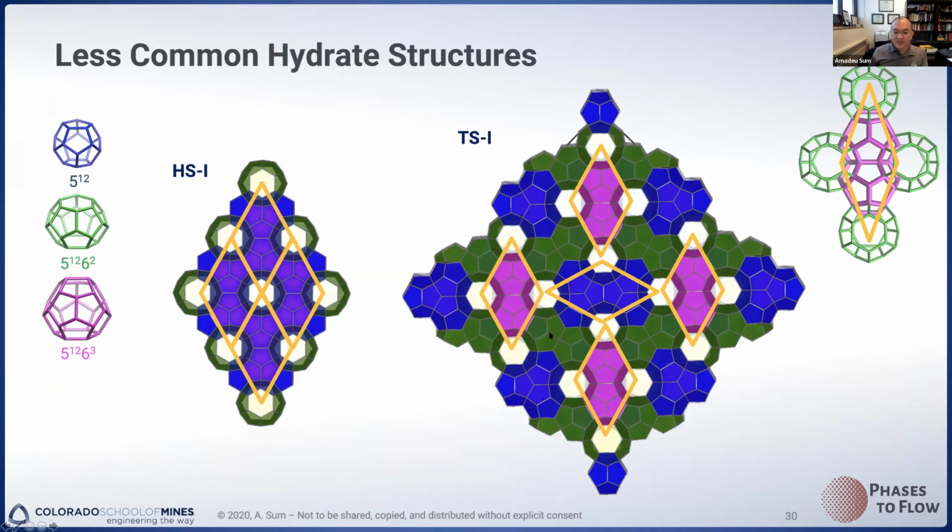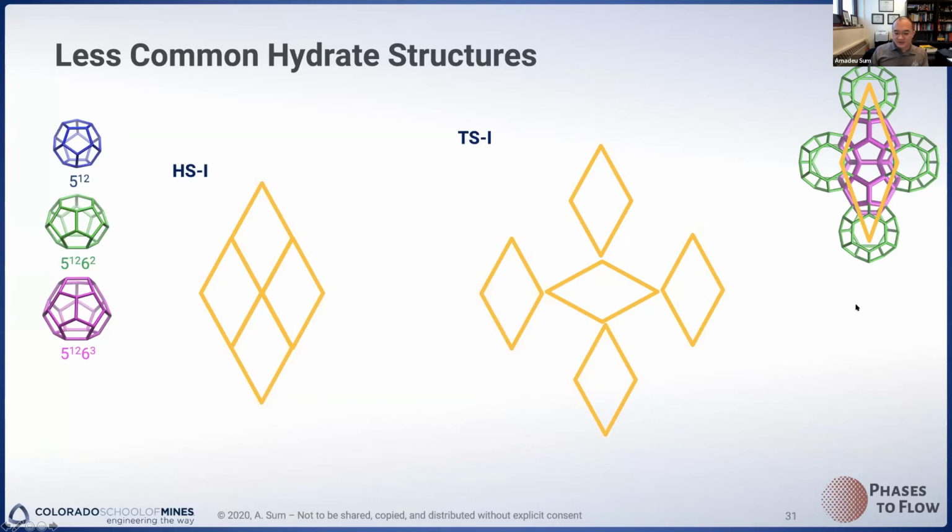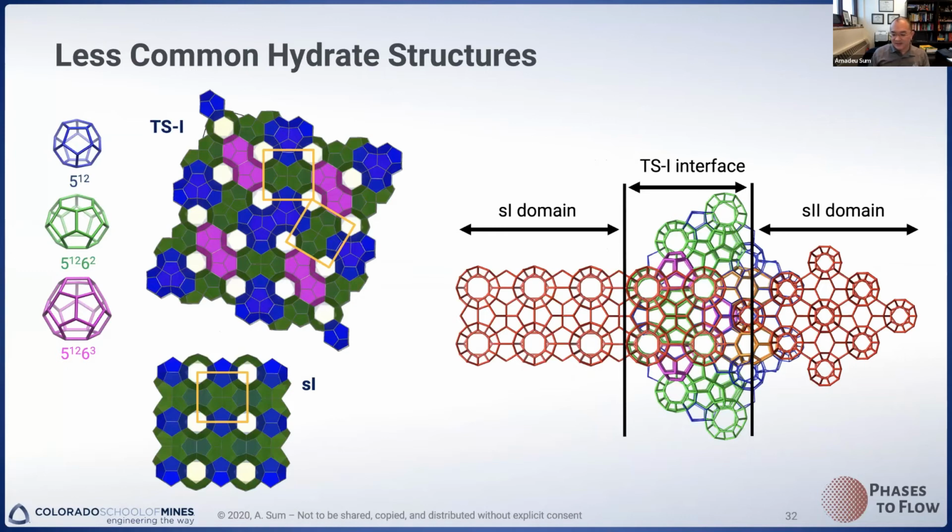And you can see that as they're illustrated with these diamonds, right? And this just emphasizes that pattern without actually showing the cages. And what is interesting is that this particular pattern also arises at the interface between structure one and structure two domains, right?